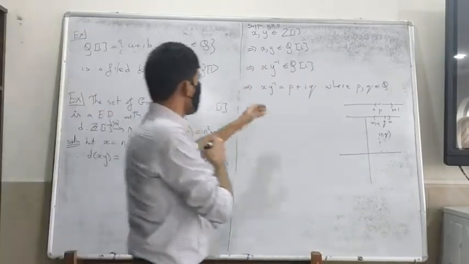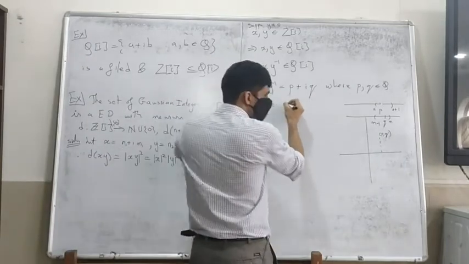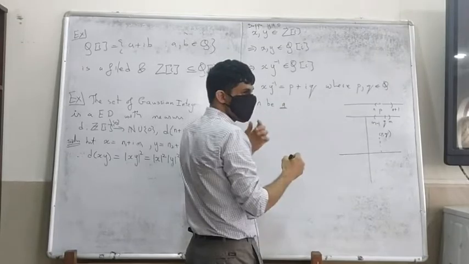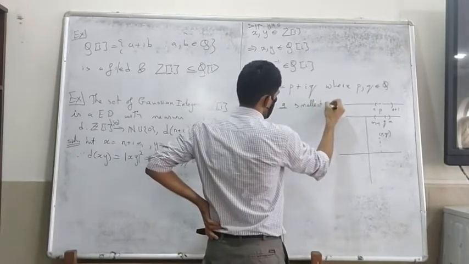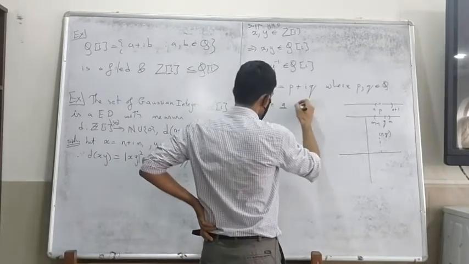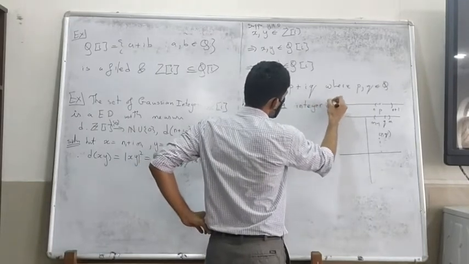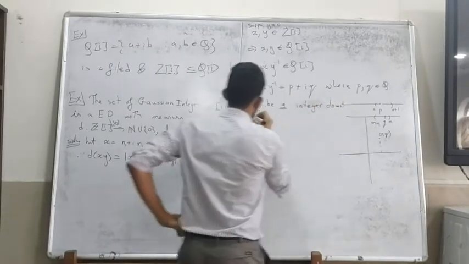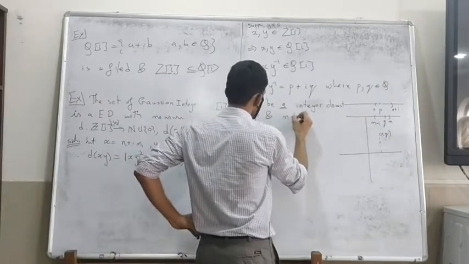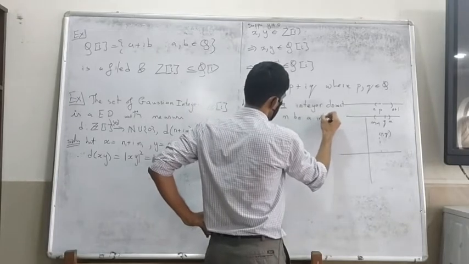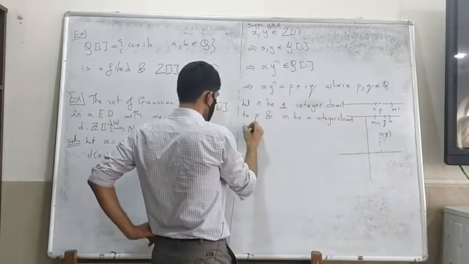So let n be, let me write a because it's not unique, a smallest integer closest to p, and m be an integer closest to q.